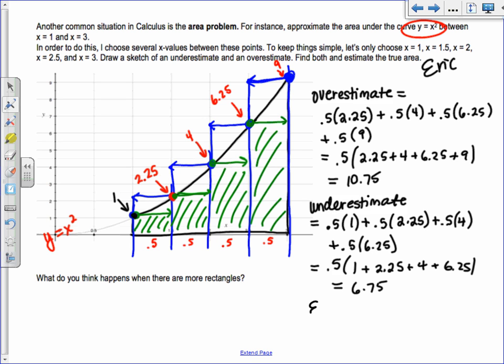Okay, so what do you think a good estimate in general would be then? What could you do with the over and the under? Yeah, so I would probably take 10.75 plus 6.75 and divide by 2.